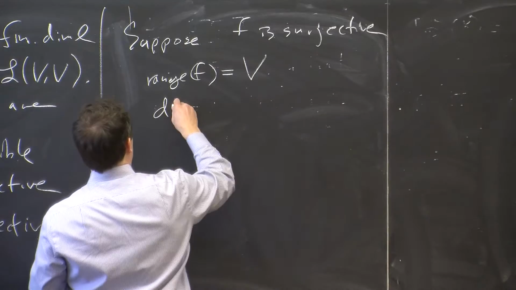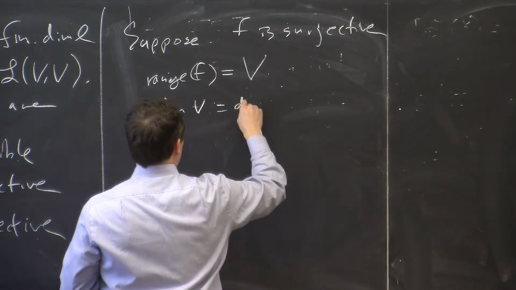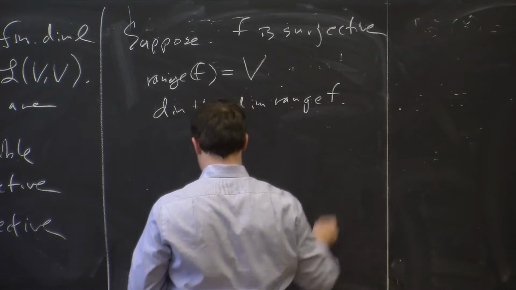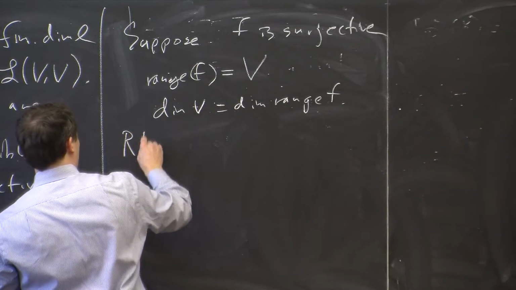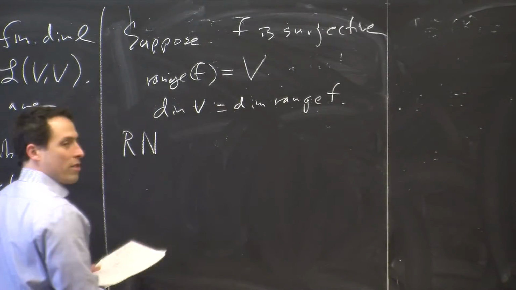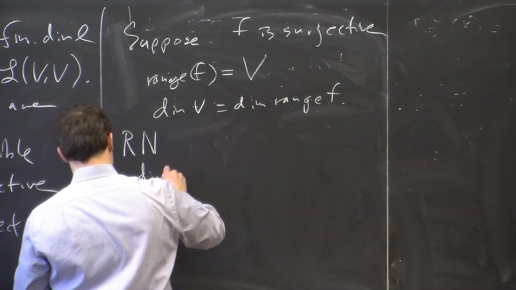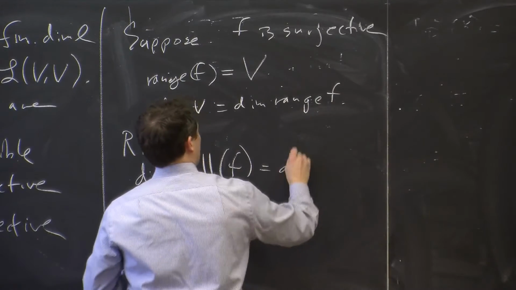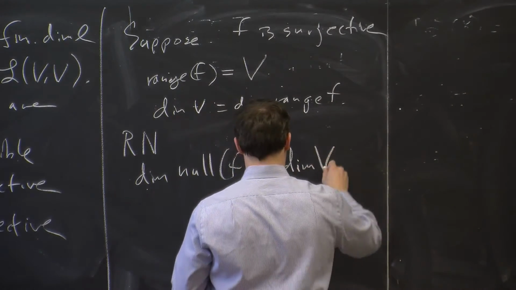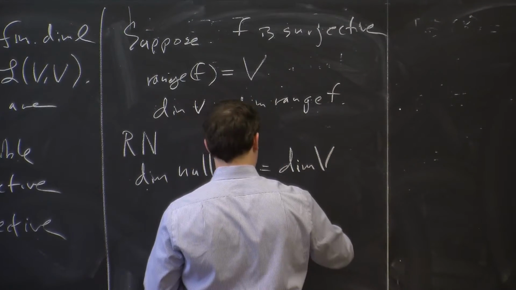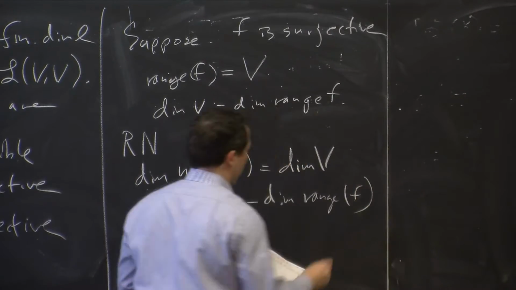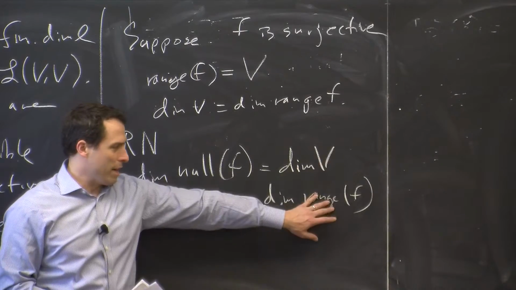And the dimension of V is the dimension of the range of F. So the rank nullity theorem tells us that the dimension of the null space of F is equal to the dimension of V minus the dimension of the range of F. But V and the range of F are the same thing.